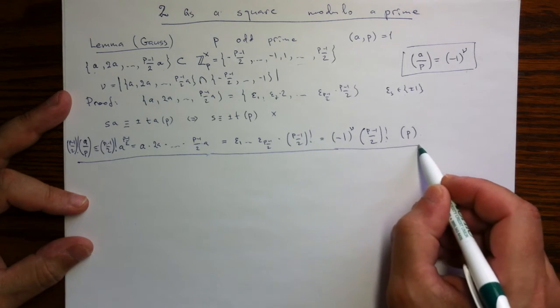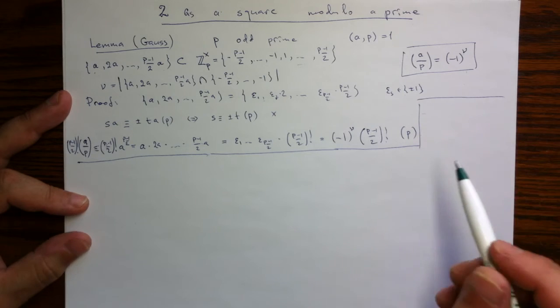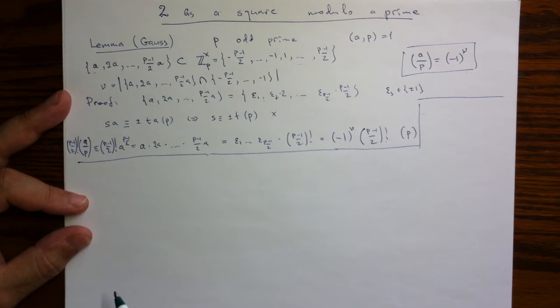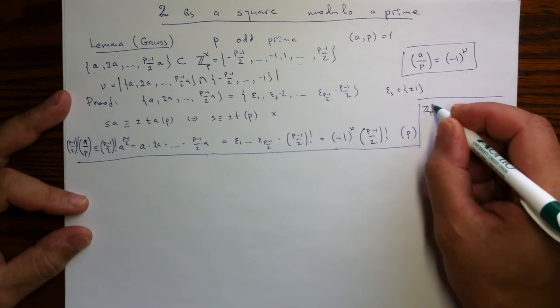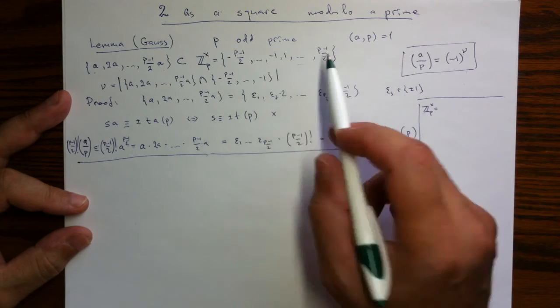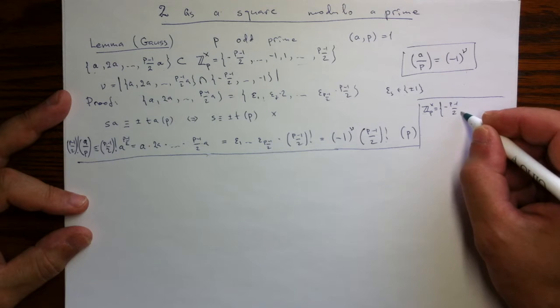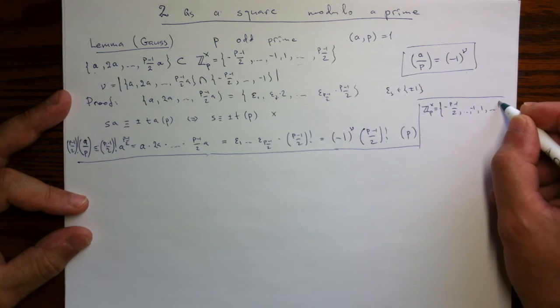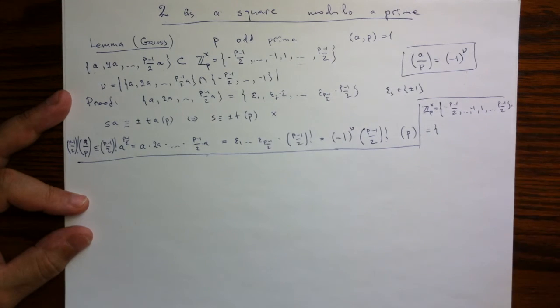Let me do a quick reformulation of that statement, which will be applicable to 2 in the best way. So let's just replace this list of remainders by the ordinary set of remainders, so align them.